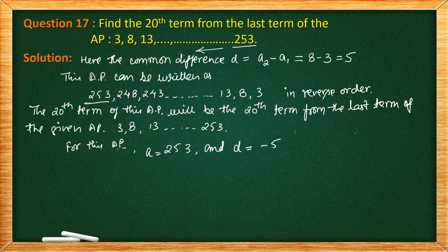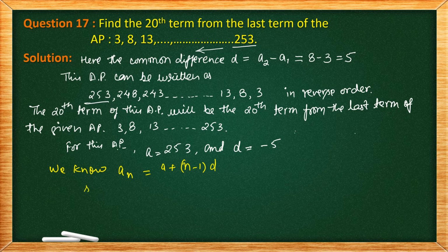Now we have to find out the 20th term. So as we know from the general formula, An is a plus n minus 1 into d.